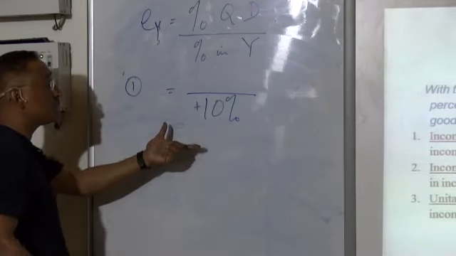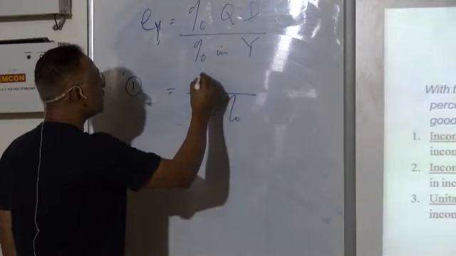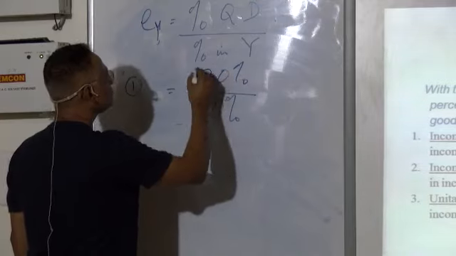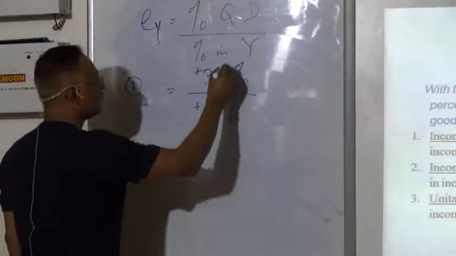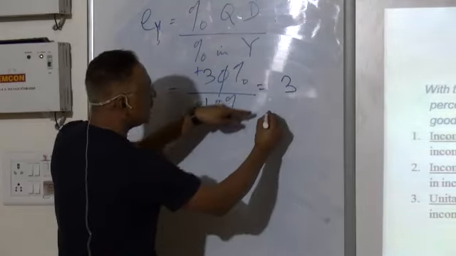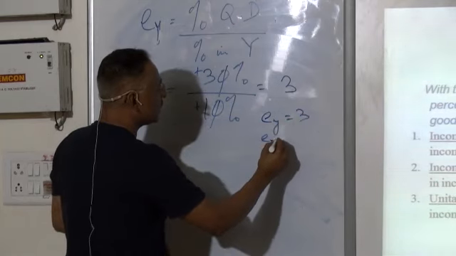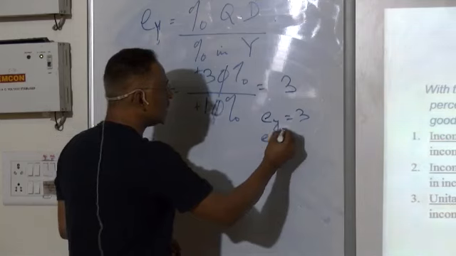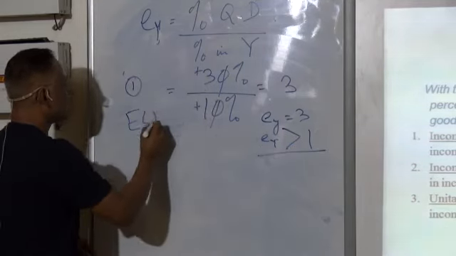If your income increases by 10%, the quantity demanded increases by more than 10%, say a 30% increase. Plus, plus, positive. Here you can see EY is equal to 3. That means the income elasticity of demand is greater than 1. If it is greater than 1, we say it is elastic.